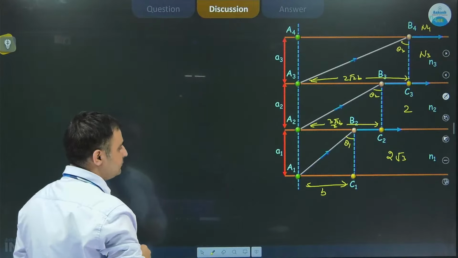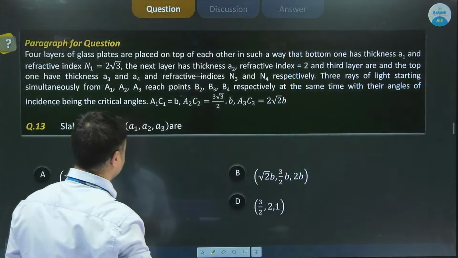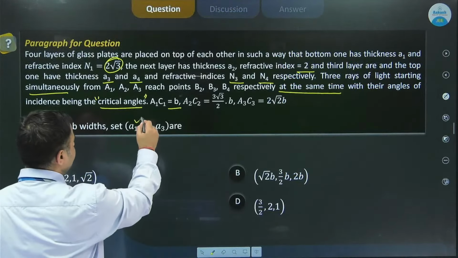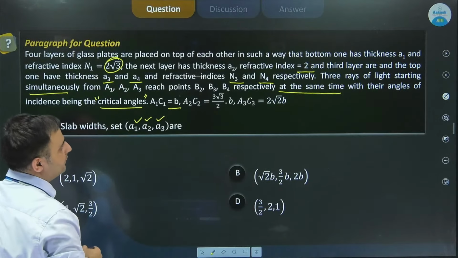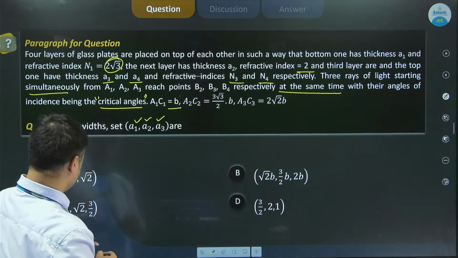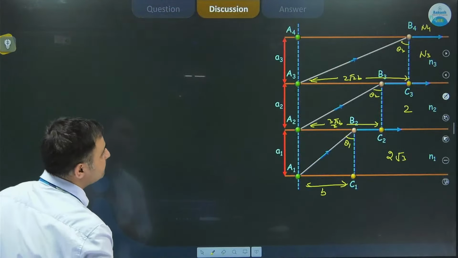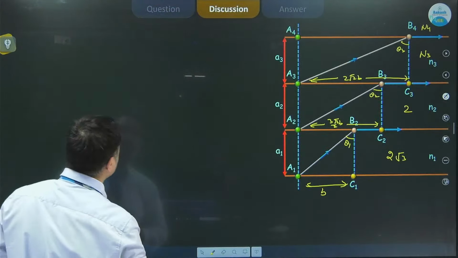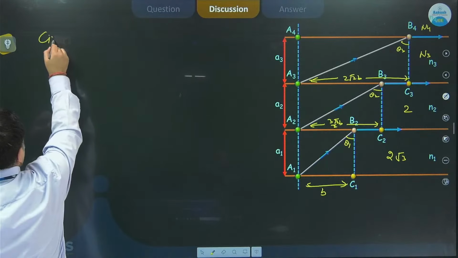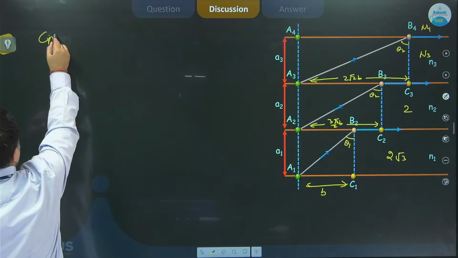Now we have to find the values A1, A2, A3, so I am using the critical angle formula.